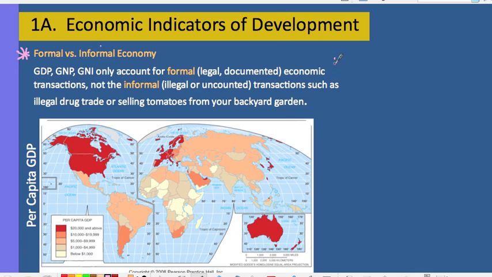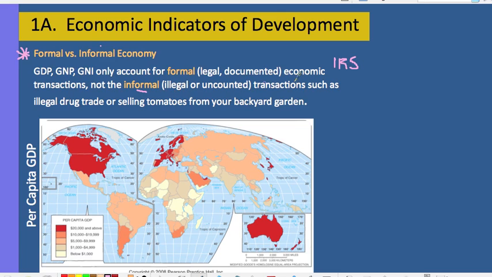So formal economy is what is documented, what is recorded. Informal is basically what is not counted. It's uncounted. It's not documented, or it could be illegal. It doesn't have to be illegal to be informal.